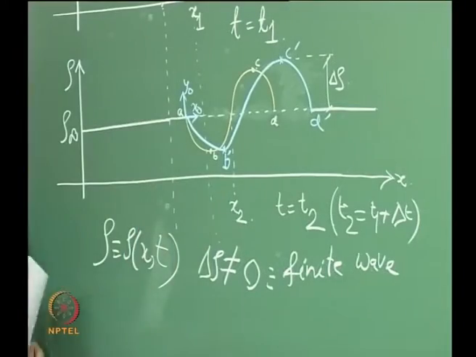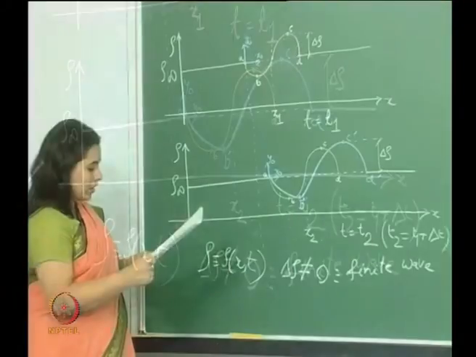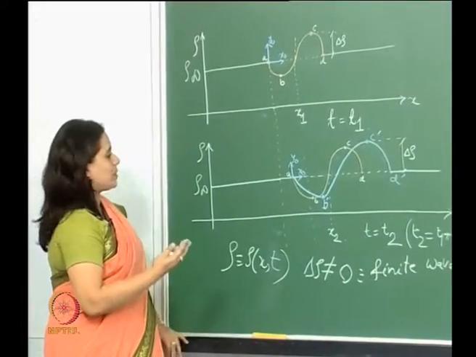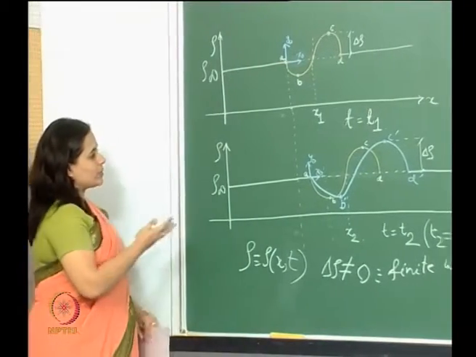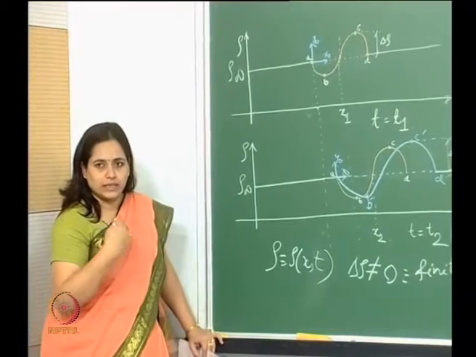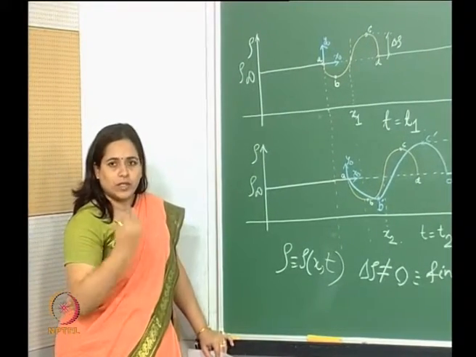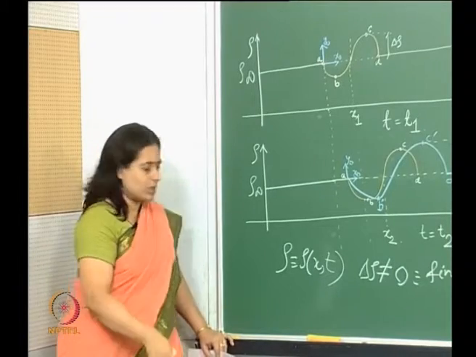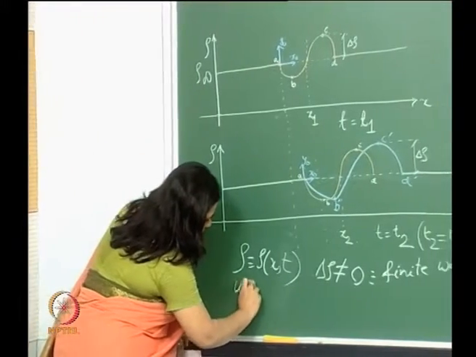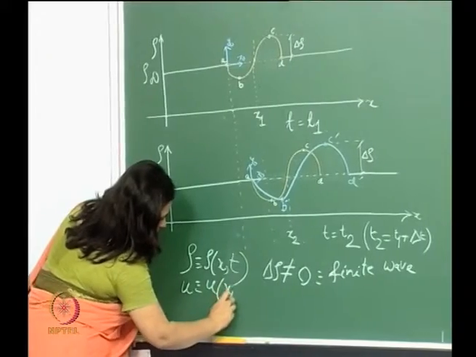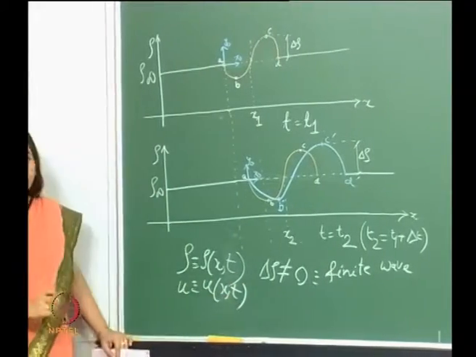So all the properties that I have drawn here, or tried to explain here, are basically density. You could have the same for pressure, temperature, velocity, and so on and so forth.